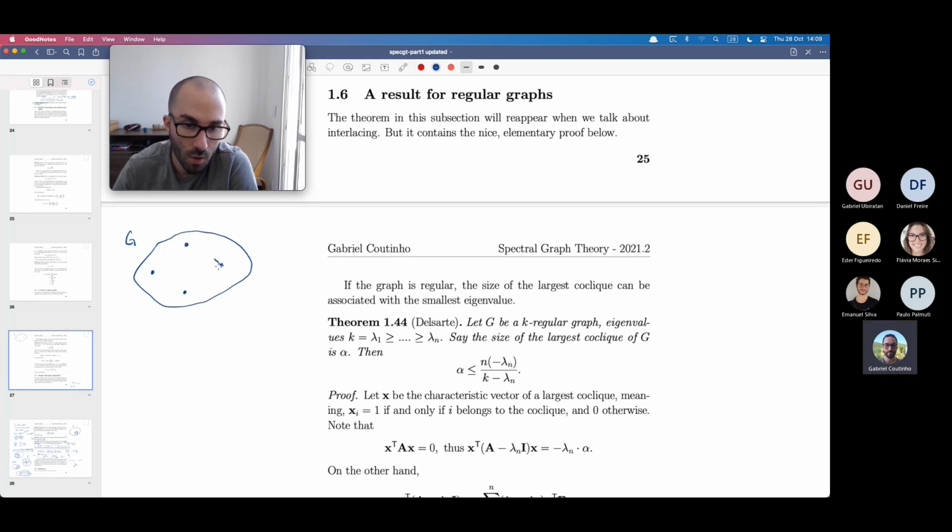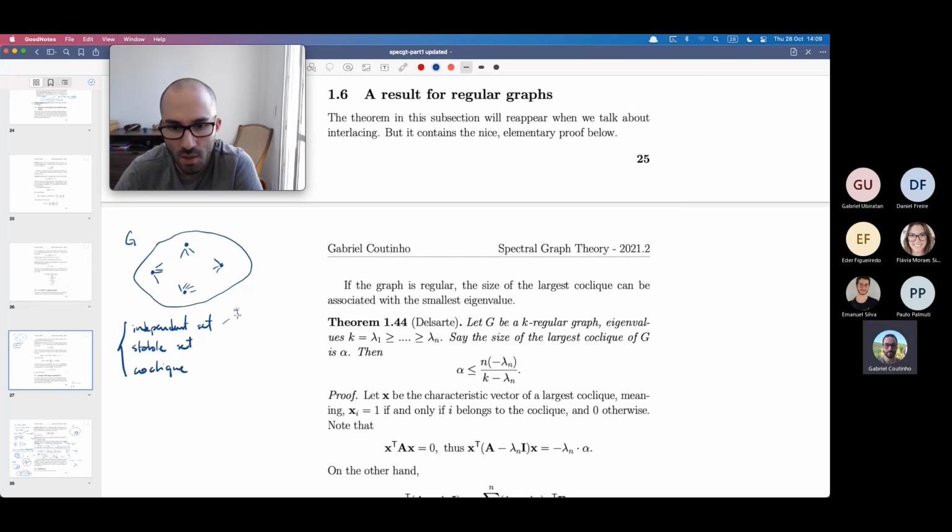A co-clique is a set of vertices, none of which is a neighbor to the other. So this thing has 3 names, all equivalent. It depends with whom you're discussing graph theory. Independent set, this is possibly the most common. Stable set and co-clique.